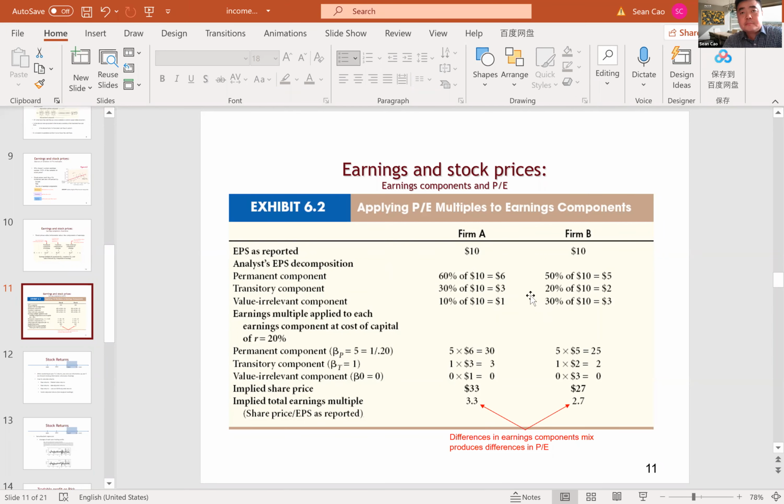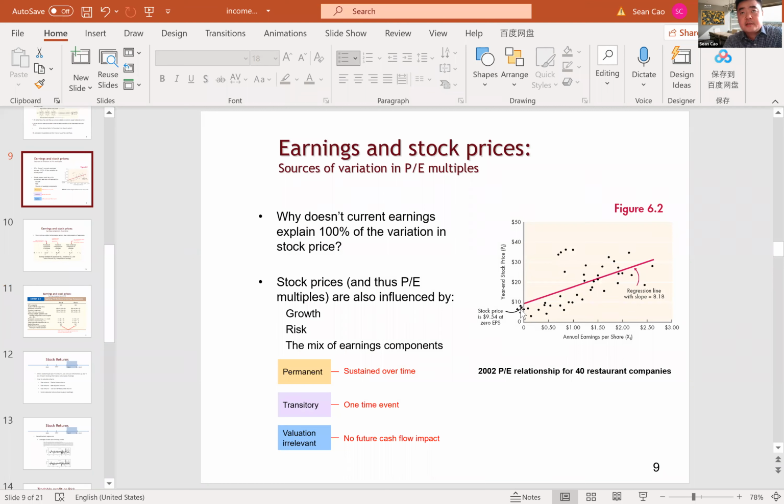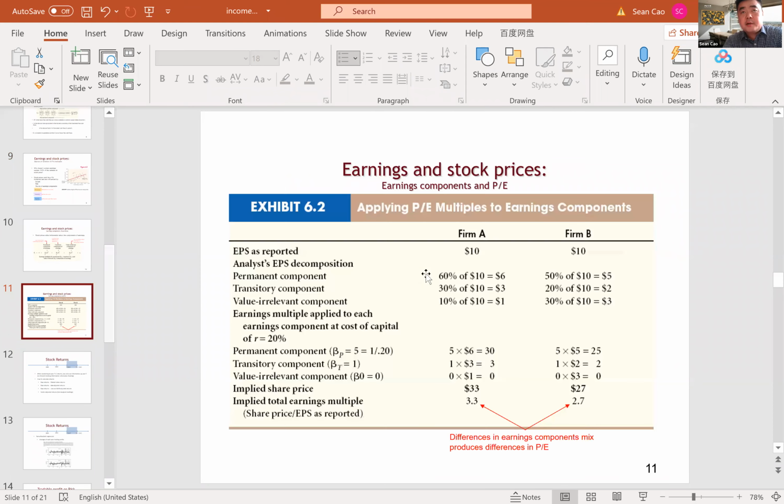So basically, in project one you will understand the relation between stock price and earnings, and you will see that when a company has more primary business income, the beta is higher. When a company has less primary business income, the beta will be lower. So you want to invest in the healthier firm.